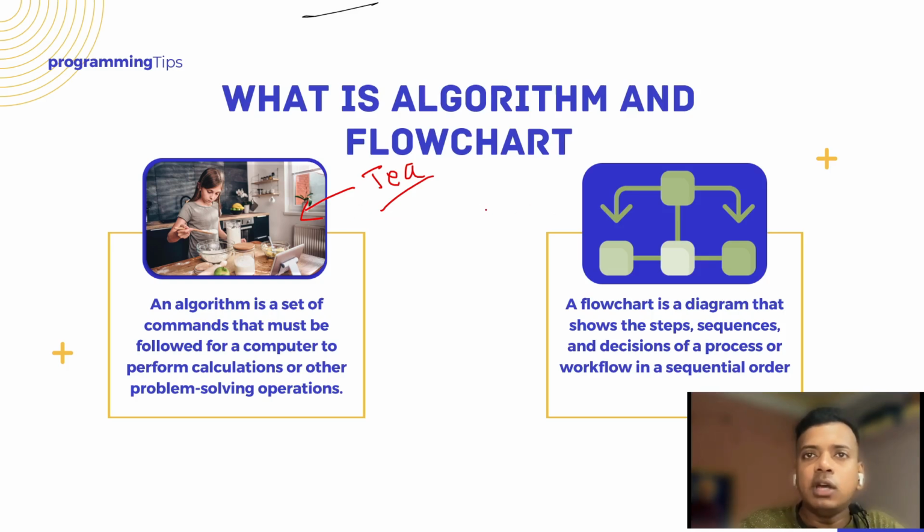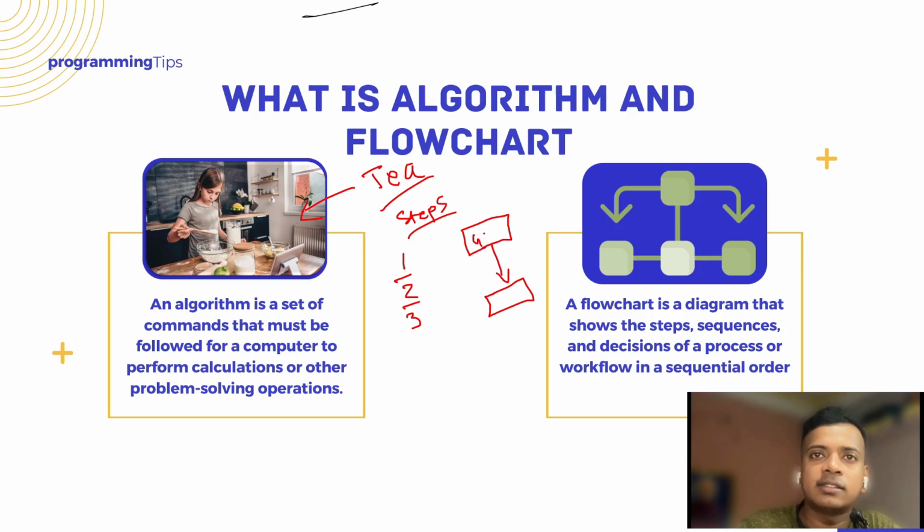When you are writing these steps as 1, 2, 3 like this, and we describe this in a diagram way, first of all we will turn on the gas, then we boil the water, then we add the tea leaf.